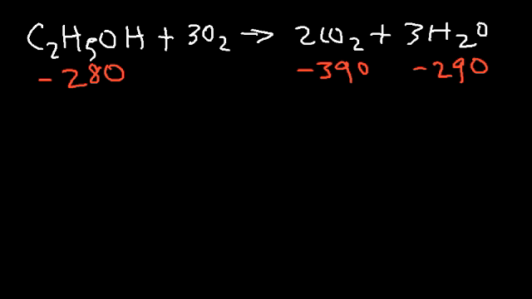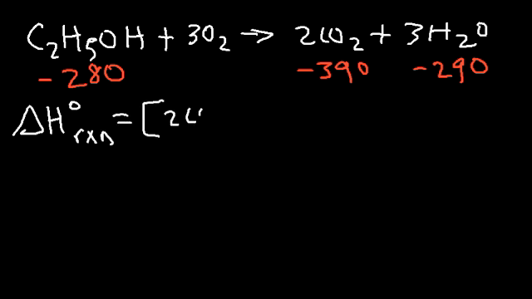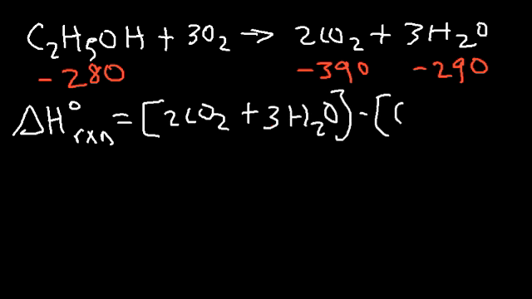reactants. So delta H is going to equal the products, which is 2CO2 plus 3H2O, and then minus the reactants, which is C2H5OH plus the 3 O2 molecules.